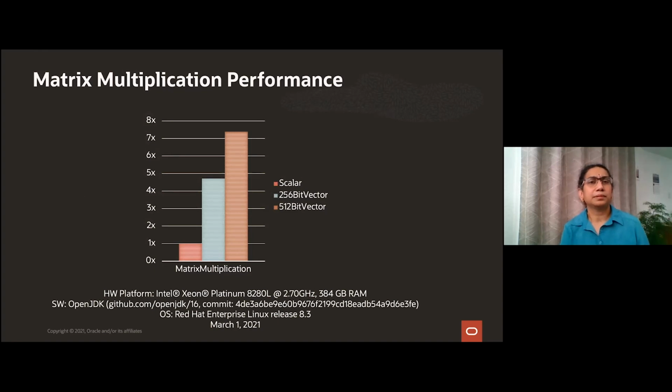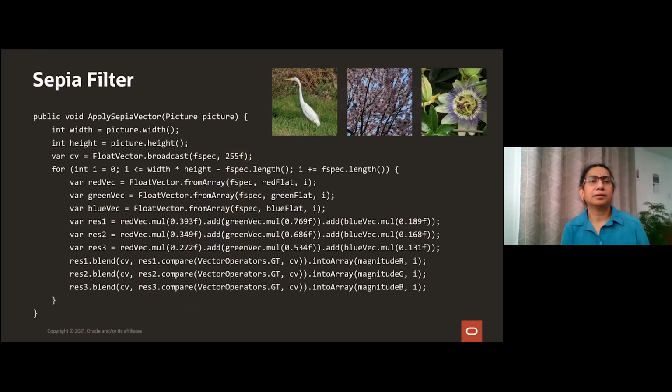On the next slide, this particular slide is showing how to code the sepia filter using Vector API. Here, a couple of things that you can see: the Vector API features that are used are the vector compare, which Paul also showed, and also the blend part of the API.